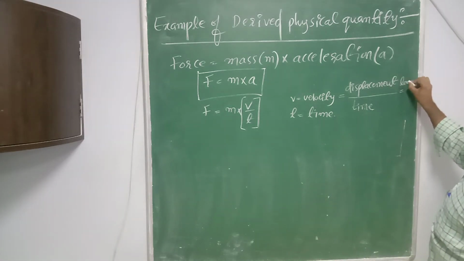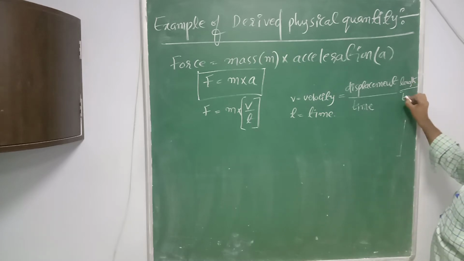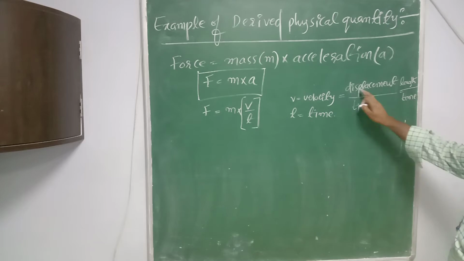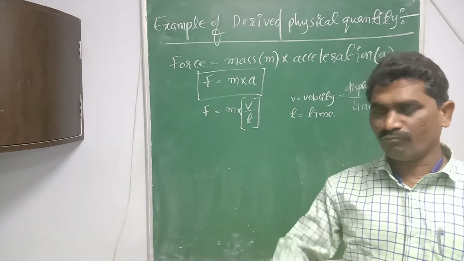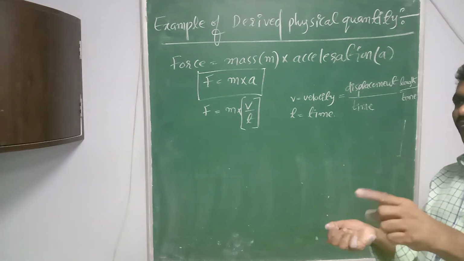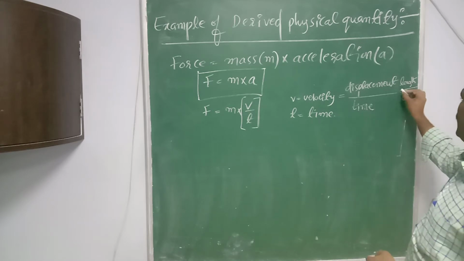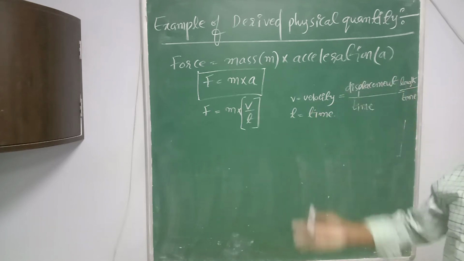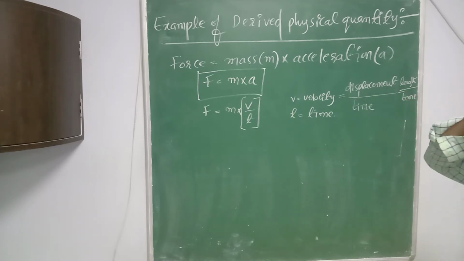Displacement is nothing but a length, the change of place from one point to another point. So displacement is also a length, divided by time t.